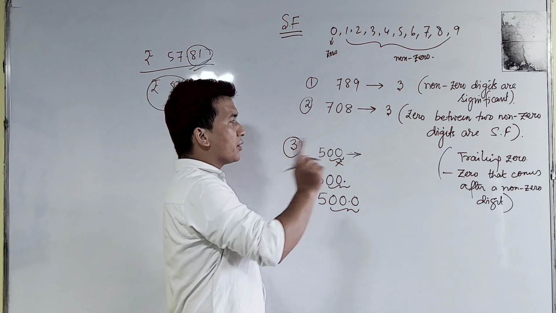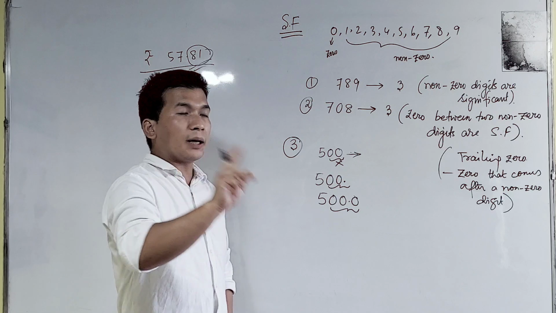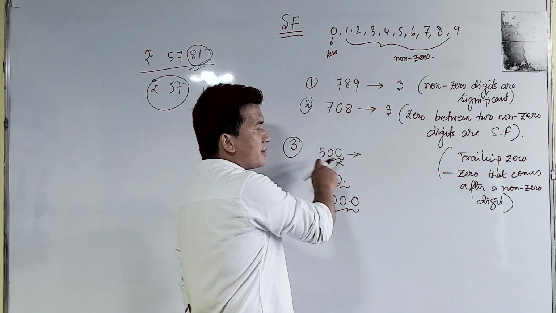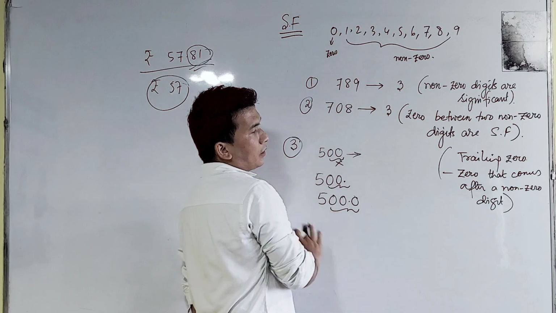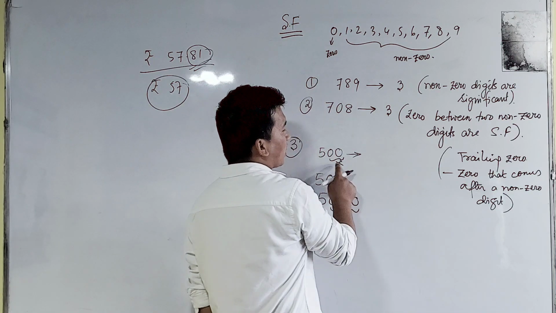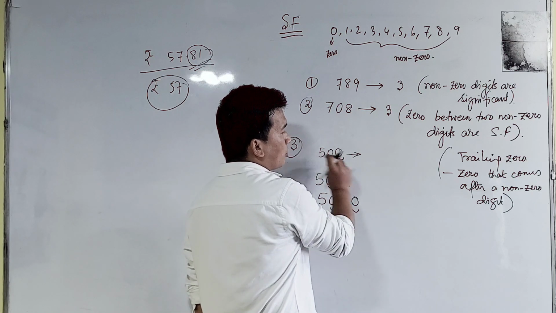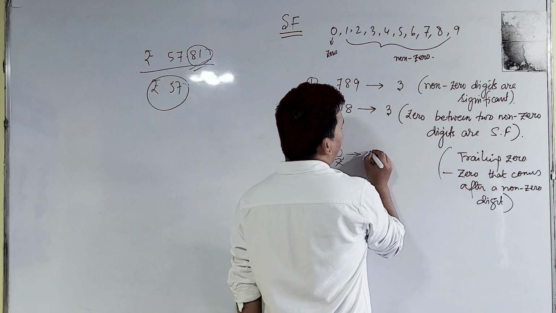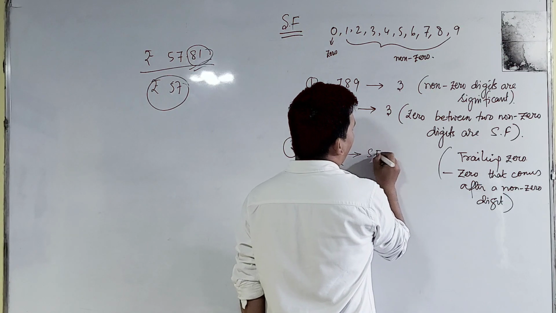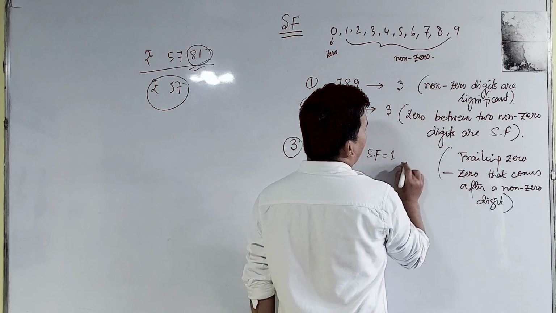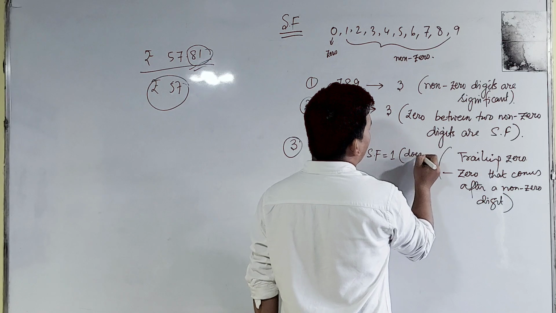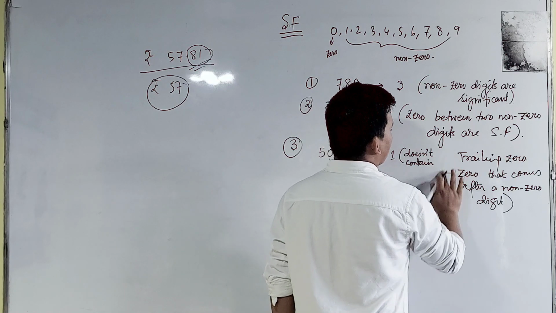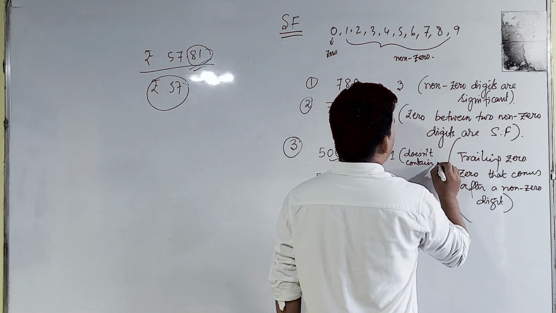These two zeros are not significant. Even though it has two trailing zeros after 5, these will not be counted as significant figures. So significant figure is equal to 1, because it does not contain a decimal point.